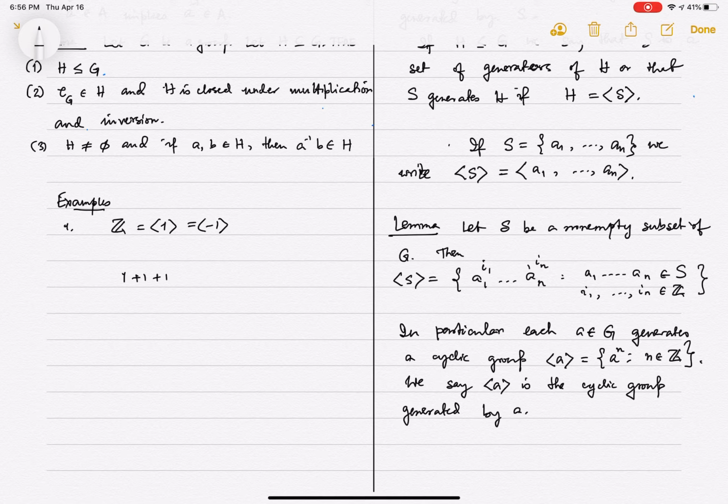It also has to contain 1 plus 1 plus 1, etc. It has to contain all the positives. But if it contains 1, it also has to contain its inverse, so -1, which is -2, etc. And then 1 minus 1 is 0, so that also it has to contain.